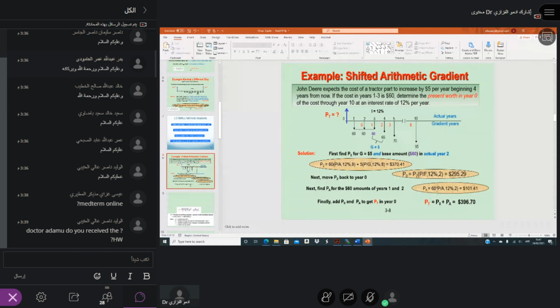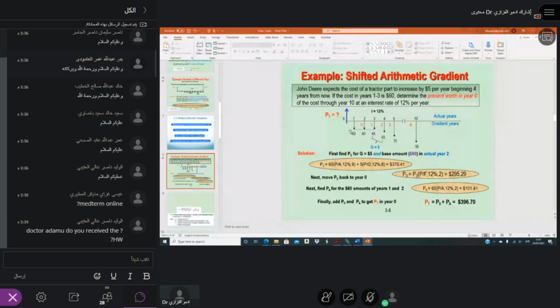So the PA now will be $60. That is the amount given. You find P at 12% for year 2, so this will be whatever this value here, $101. So if you want to find the total now, finally add P0, that you calculated, and PA to get the present total. So this is how you do it.